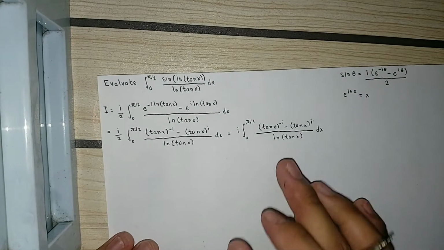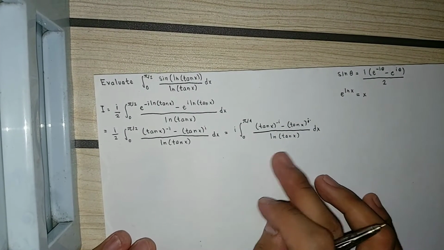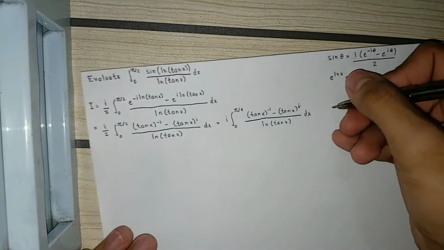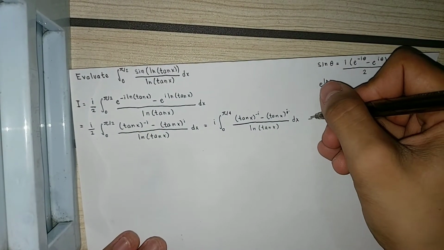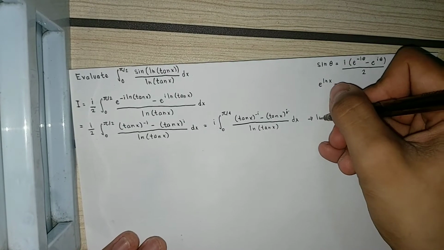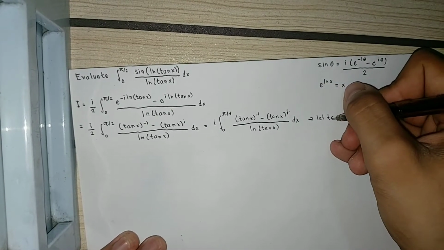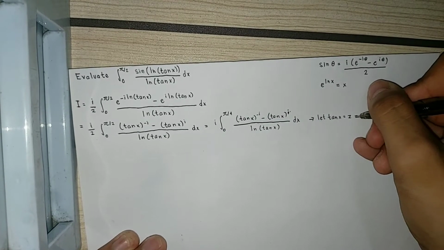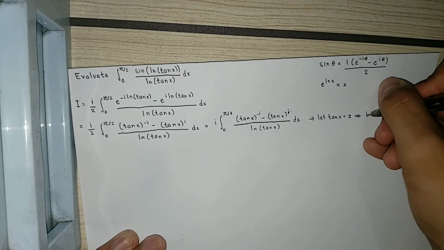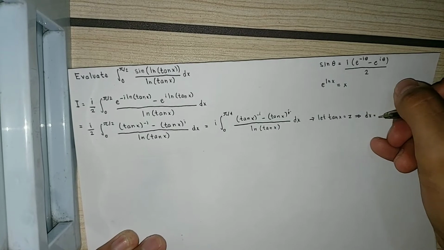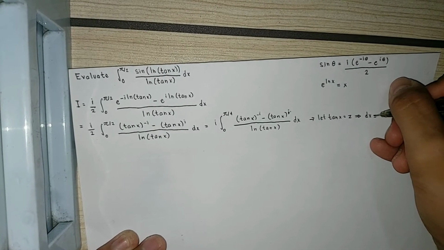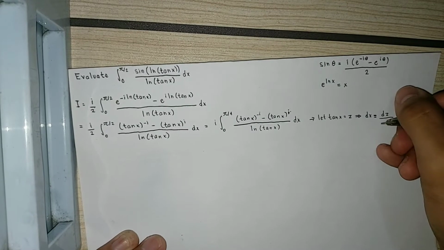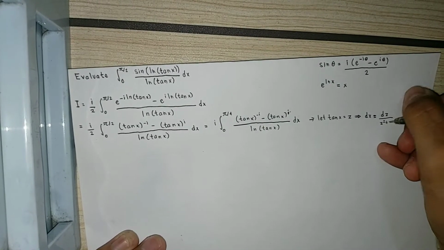So by a little bit of substitution here, we will let tan x be equal to z, then dx here will give us dz over z squared plus 1.